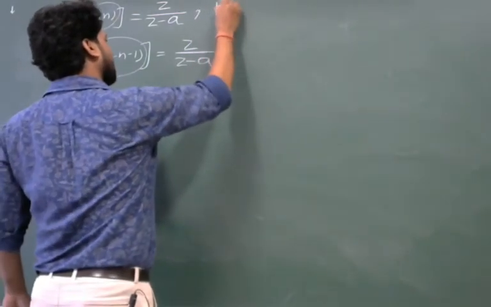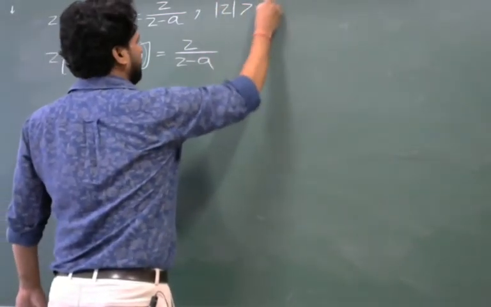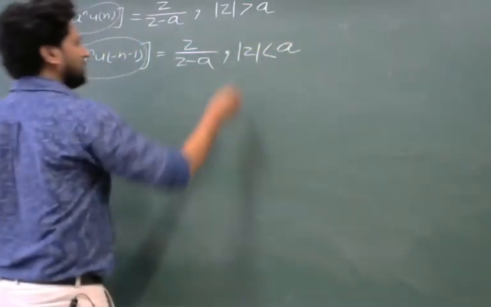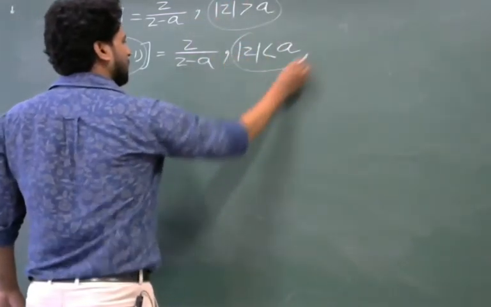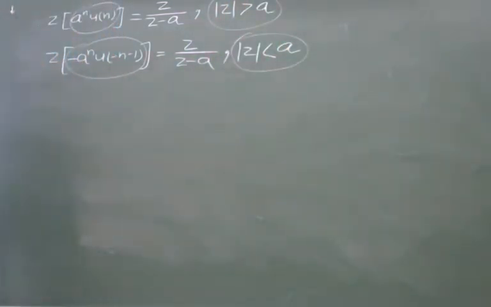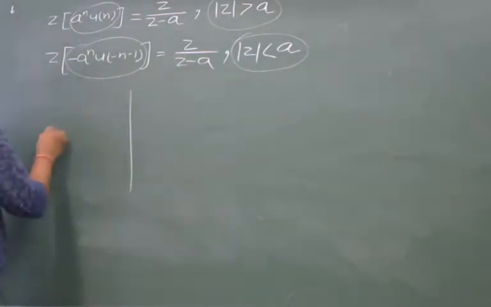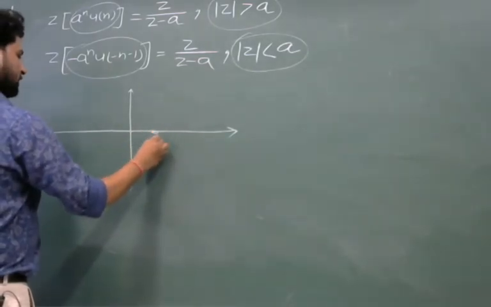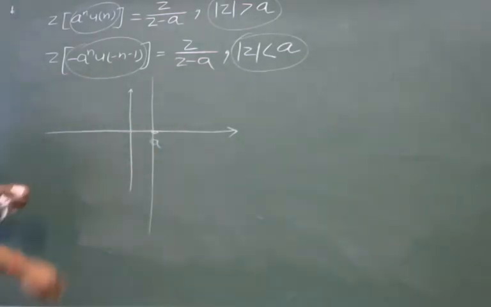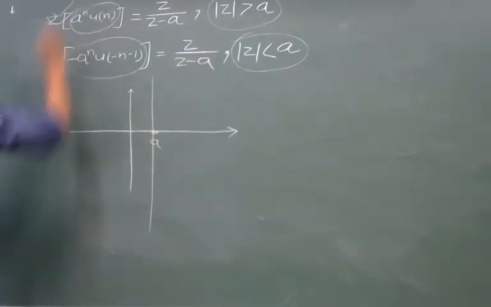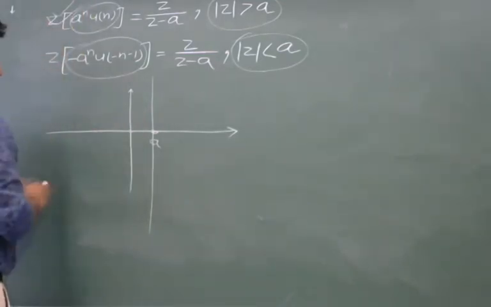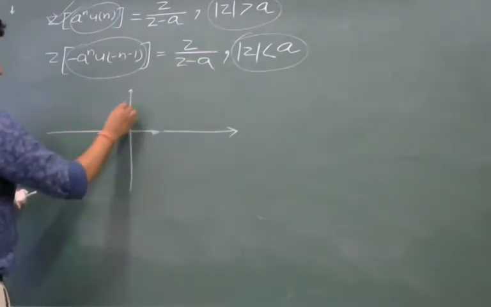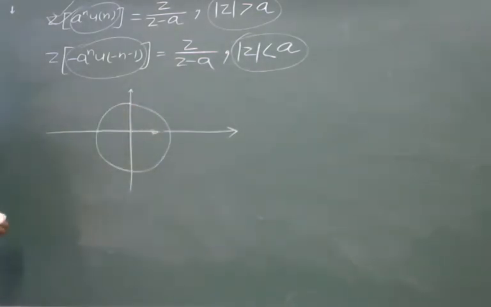Here the ROC includes z should be greater than a, and from here we will get z should be less than a. There is a difference in their ROCs. For the first signal, if this is the Z plane, and mod of z equal to a is here, suppose this is the circle r equal to a.